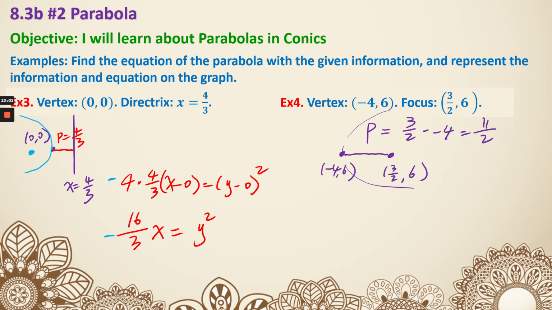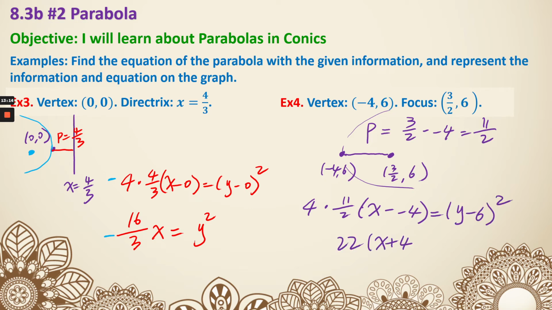Now it's time to write our equation. 11/2 times the 4, that's 4p, then x minus -4. On the right side, y minus 6 squared. So we're going to have 22 times x plus 4 equals y minus 6 squared. In this case, again, it is opening to the right, so clearly it's going to be a positive 22.